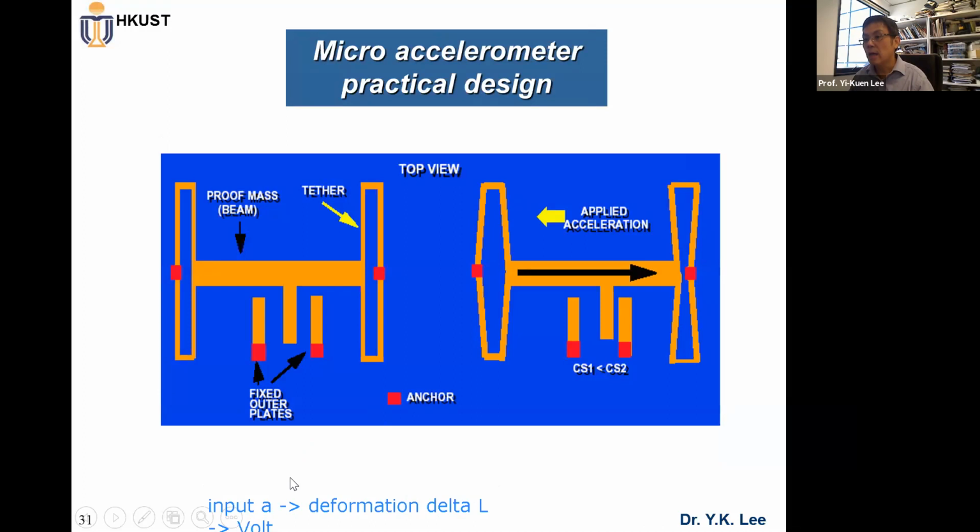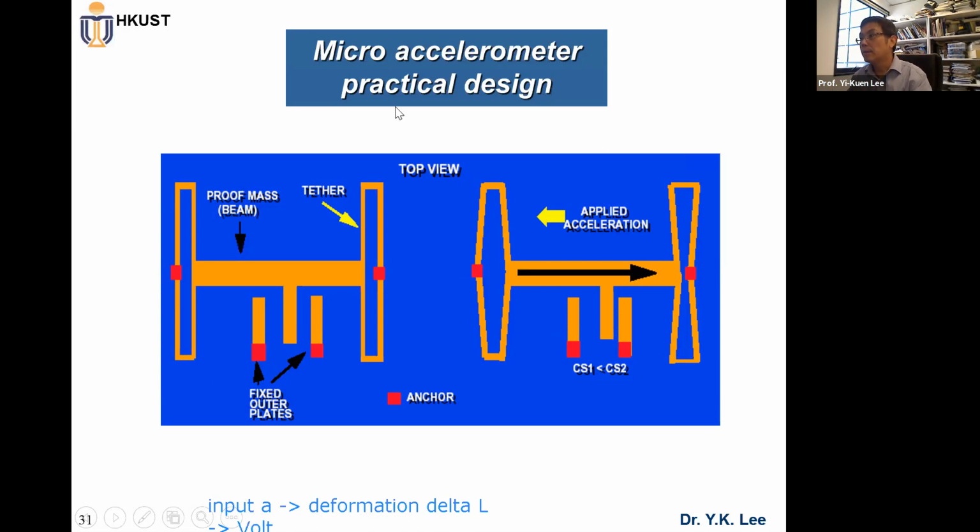Of course, in reality, if you want to make a more practical design and make a product, you need to learn about all the undergraduate mechanical engineering, solid mechanics, and dynamics. Like you have a special type of micro spring to make a more reliable mass-spring system. And we also have a pair of capacitors to increase the sensor output. So this becomes an important thing, okay?